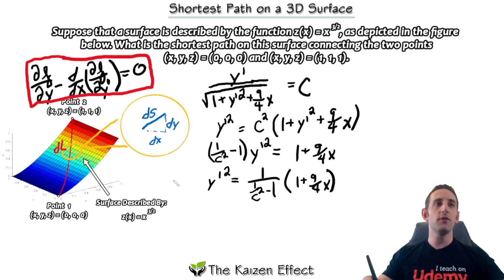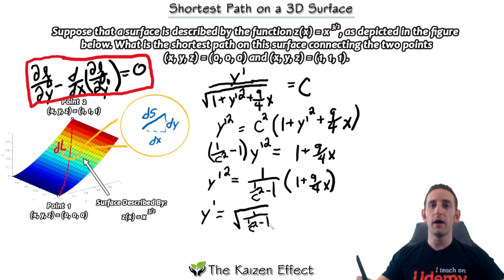And next, we want to eliminate the squared term. So we get y prime equal to the square root of 1 over c squared minus 1, that guy times the square root of 1 plus 9 over 4x.